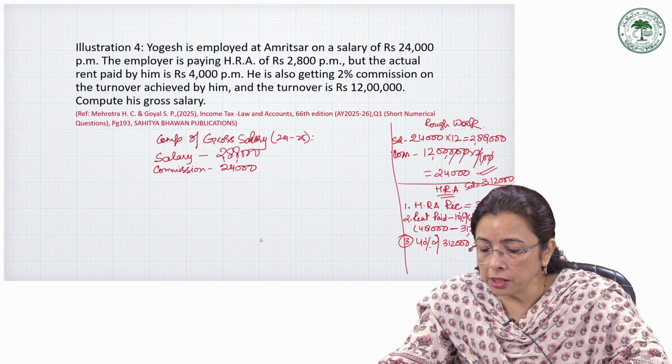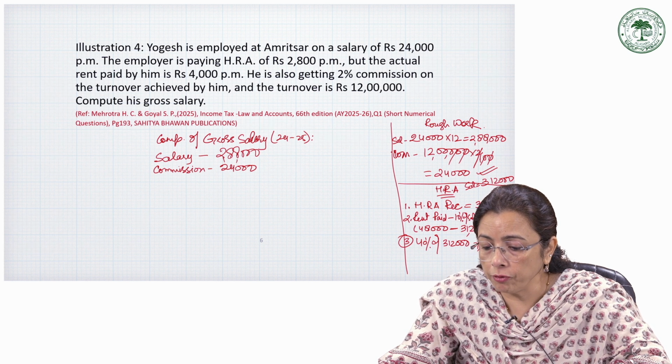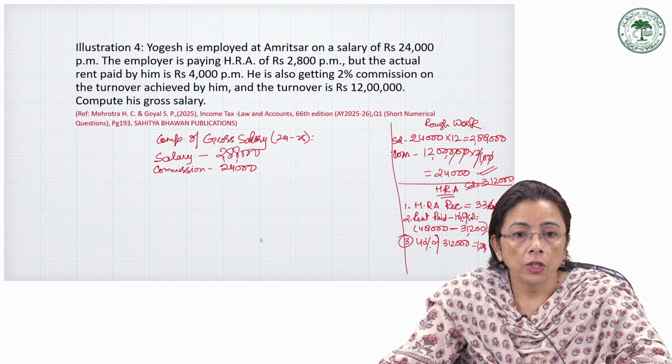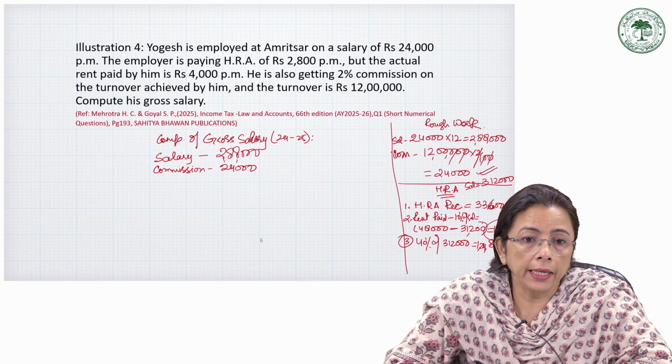So the comparison is between 33,600, 16,800 and 1,24,800. The least of the three is again 16,800.